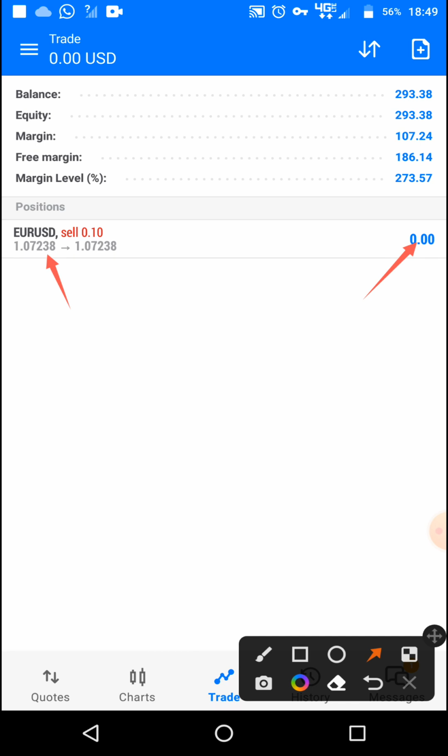I will get $1 over there. As I said, when you click sell, you are expecting the market price to drop. When you click on buy, you are expecting the market price to rise. So now, as you can see, it's showing that I'm making a loss.